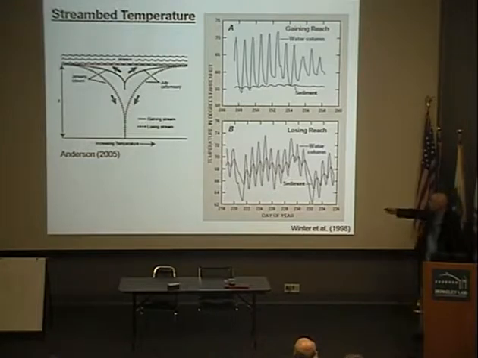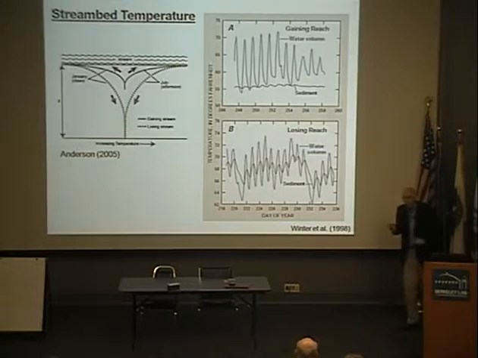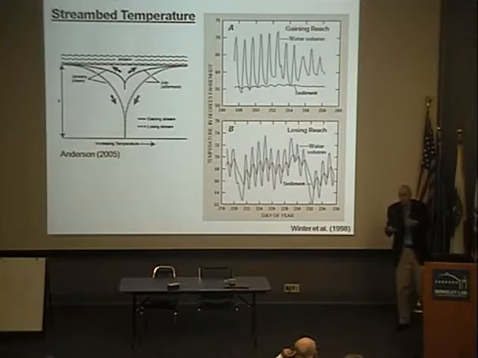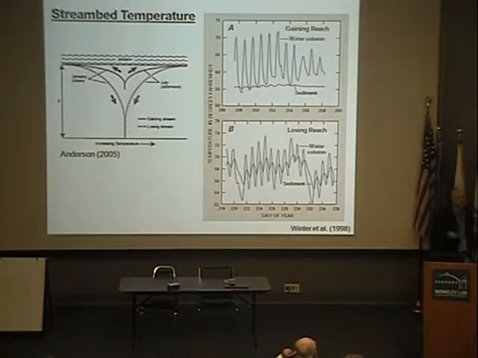And so this diurnal variation, for a losing stream, if the waters are moving down through the stream bed, you see an attenuation, but also a phase lag in that diurnal variation. It takes a while for the highest and lowest temperature to move down to the sediments. And from that phase lag, you can calculate velocity. People have been using this to look at velocities of surface water infiltration to streams.